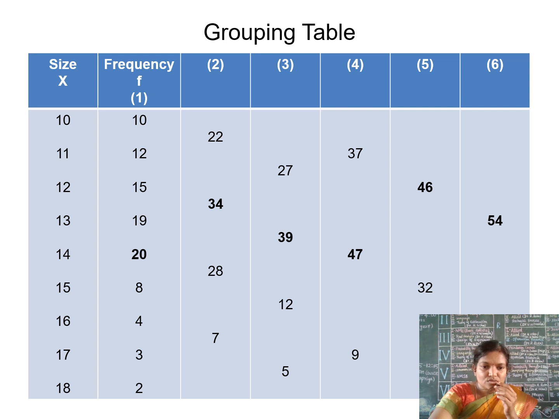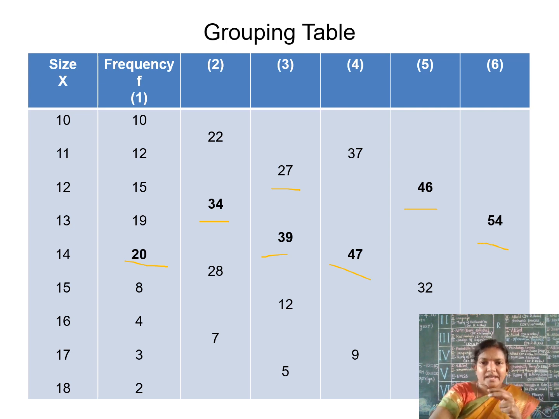I will highlight with this pen. The third column, the highest value is 34. The fourth column, the highest value is 39. Fifth column, the highest value is 47. The last column, 54.